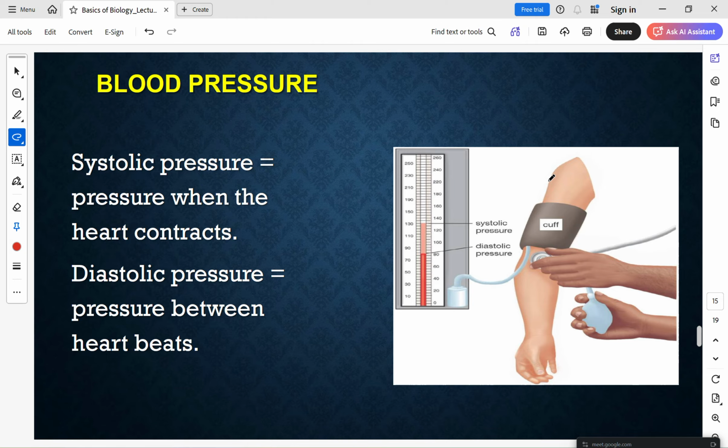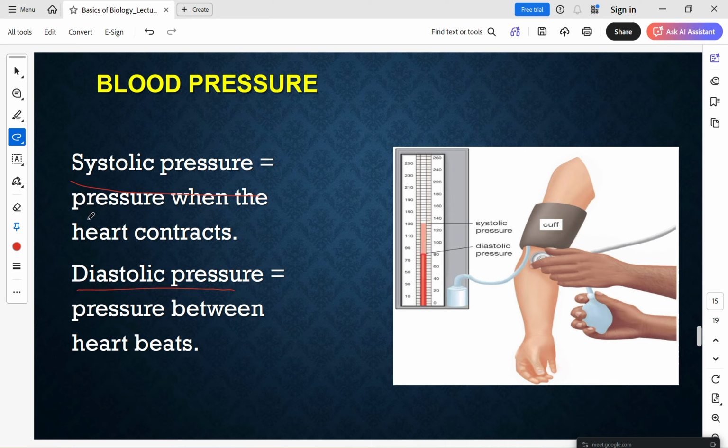Next, as I said, the blood within the arteries flows through very high pressure. This leads to the phenomenon of blood pressure, which is of two types. There is systolic pressure and diastolic pressure. This dictates what kind of flow rates go through in the blood vessels.